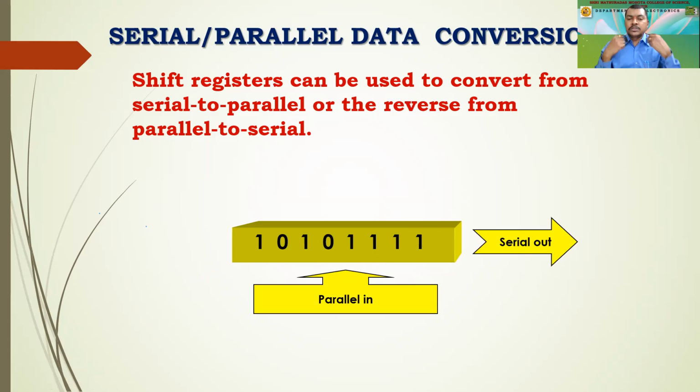In that case, what happens? To transfer this 8-bit data to the processor, I would require 8 parallel wires to reach the processor. Instead of that, I can have a single wire. I can push the data one by one on that single line, and that data is transferred to the CPU.